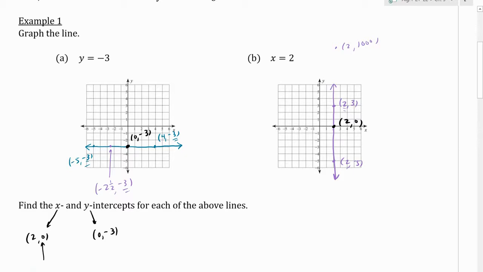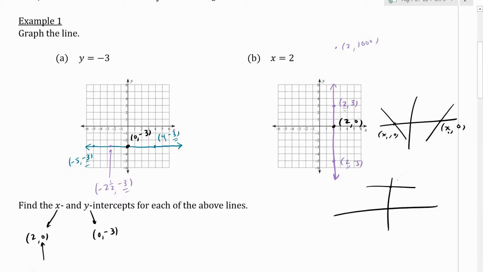Whenever you cross an x-axis, the one thing you know for sure is there's some x value sitting there, but the y value is 0. If you're crossing a y-axis, I don't know what the y value is, but I know the x value is 0 because I'm not going sideways any.